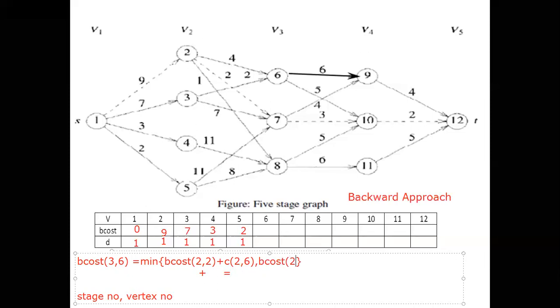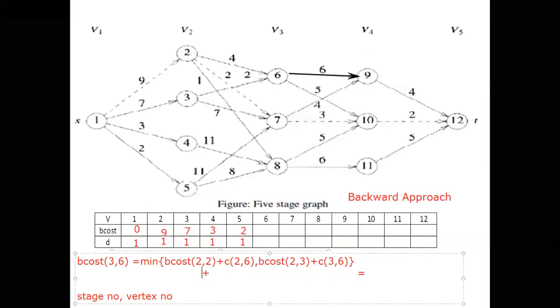B cost of 2, 3. I have to close it. Plus C of 3 to 6. Correct? C of 3 to 6. C of 3, 6. I have to close. Now we can find out the value, right?